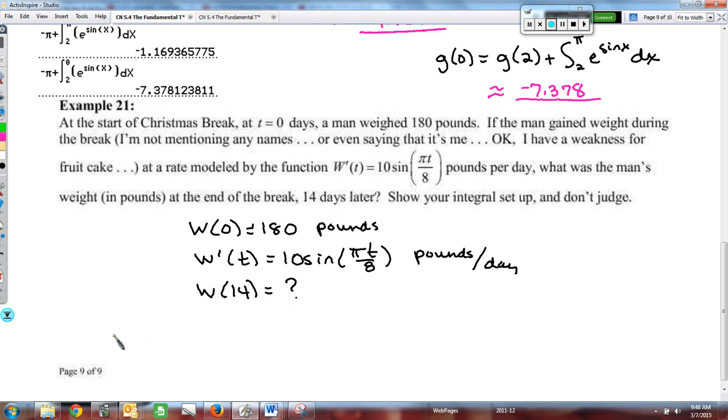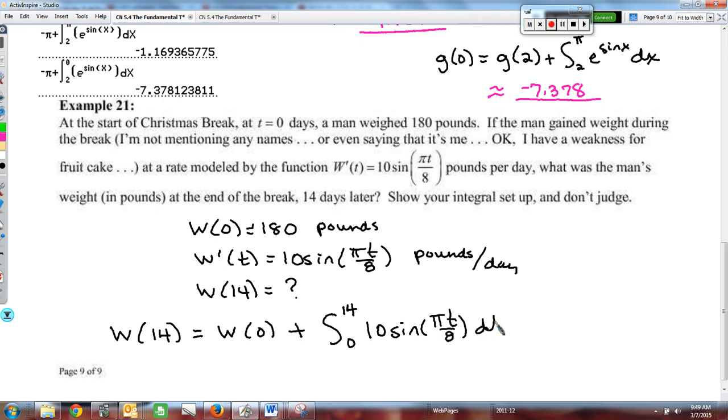So where I end up at 14 days equals where I was plus my net change from 0 up to day 14 of my rate function, dt. So this is essentially what we're going to use for our setup. And then we'll just use the calculator to estimate what this is.